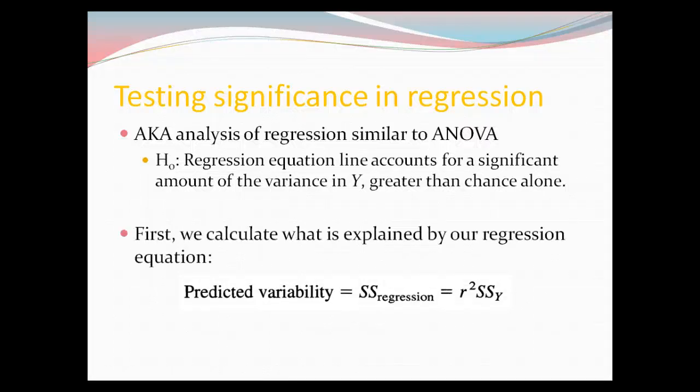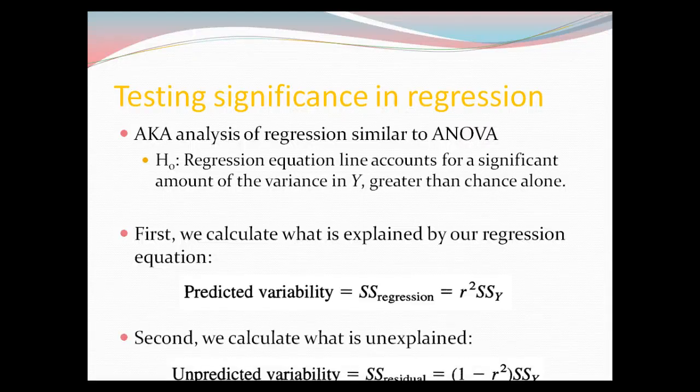First, we calculate what is explained by our regression equation. So predicted variability, or sums of square regression, is r squared multiplied by sums of square for y. Second, we calculate what is unexplained, or the unpredicted variability, which is the sums of square residual, equals 1 minus r squared multiplied by the sums of square of y.